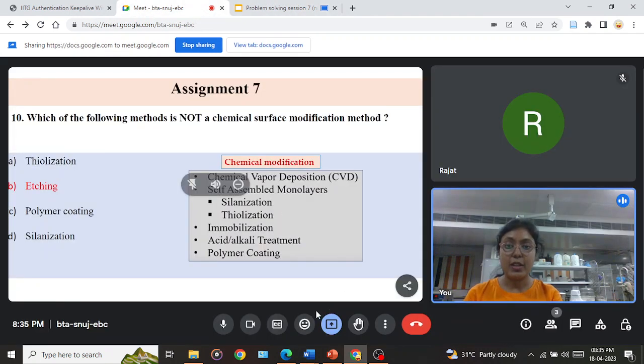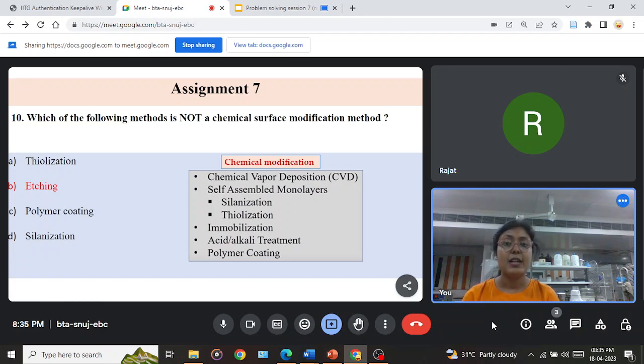As you can see, chemical modification methods involve chemical vapor deposition, self-assembled monolayers, that is silanization or thiolization, immobilization, then acid or alkali treatment, and polymer coating.